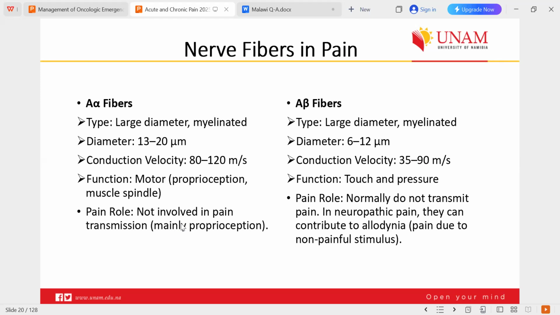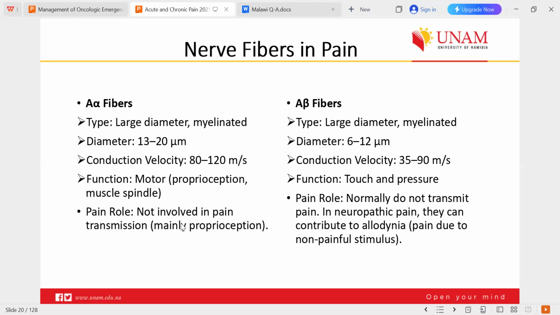So we have the A fibers, A alpha fibers. These are large diameter myelinated fibers, 13 to 20 microns, with a speed of about 80 to 120 meters per second.